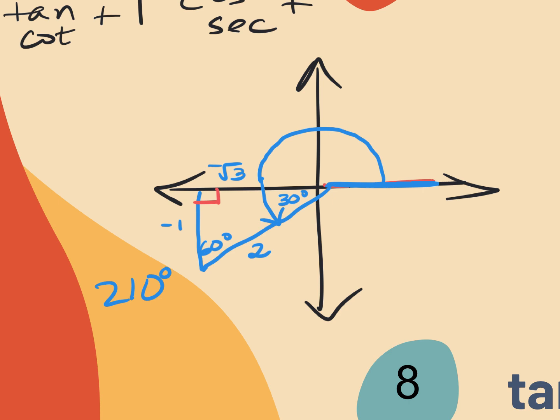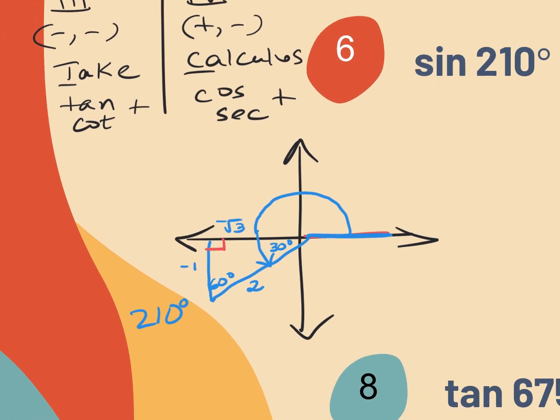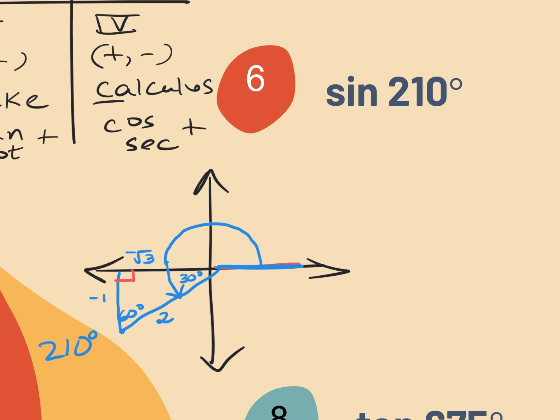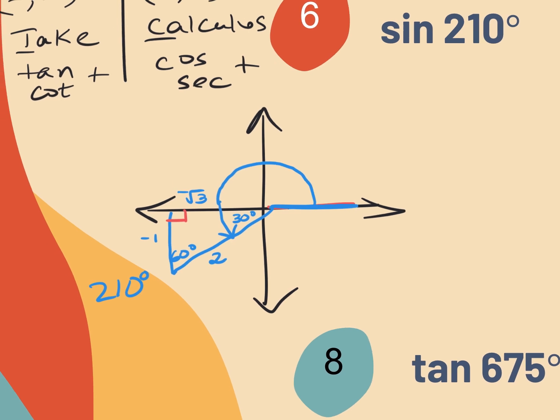So now, you can either choose to put the signs on the x and the y values, or just know when you're done, sine in quadrant 3 is going to be a negative answer. So just like this is my x-axis, this square root of 3 is my x value, this is my y value.